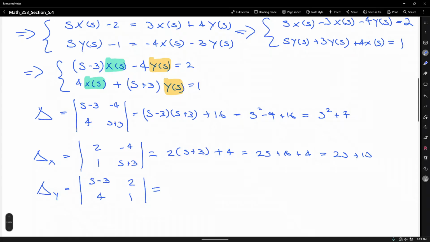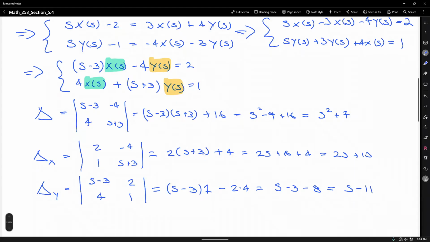S minus 3 times 1, which is s minus 3. Minus 2 times 4, which is 8. Let me do the 2 times 4 so you can see where it's coming from. So s minus 3 minus 8 equals s minus 11.